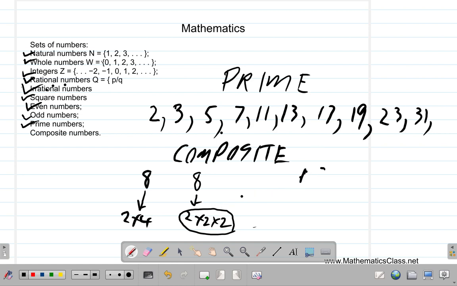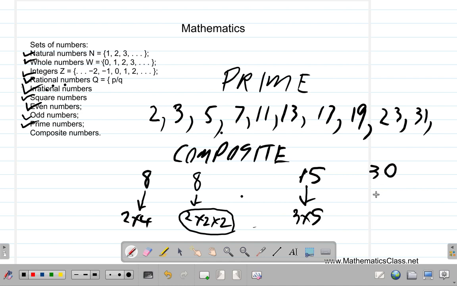If you try 15, how do you get 15? Let's see if we can get some prime numbers multiplied to get 15. 3 times 5 gives you 15. Good. Well, that's it. These are the prime factors of 15.